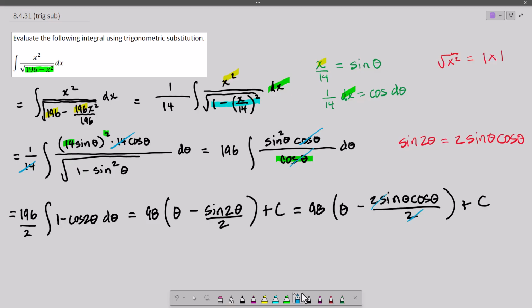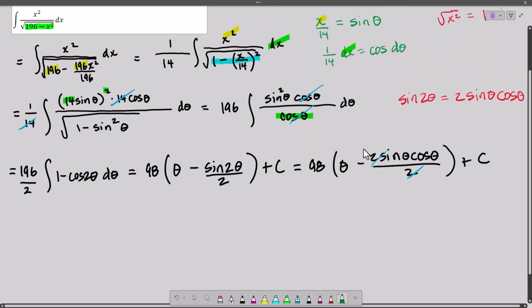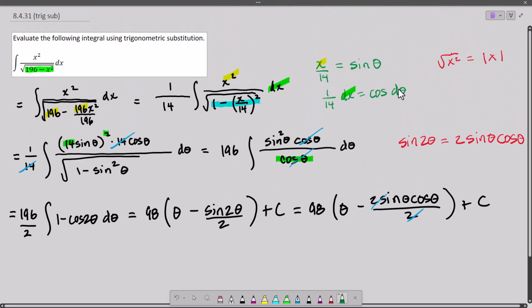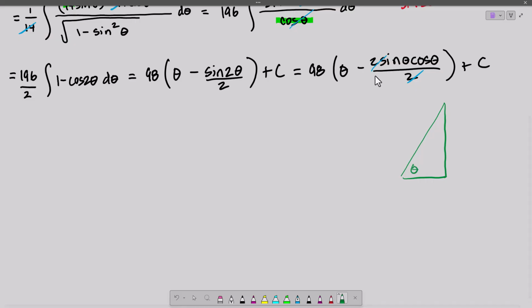Now we need to convert back to x. To convert back to x, we are going to use our triangle. And the triangle that we build is based on this substitution step up here where we have x over 14 equals sine of theta. So let's draw our triangle. And sine of theta is x over 14.